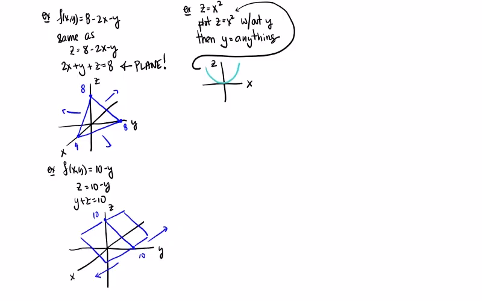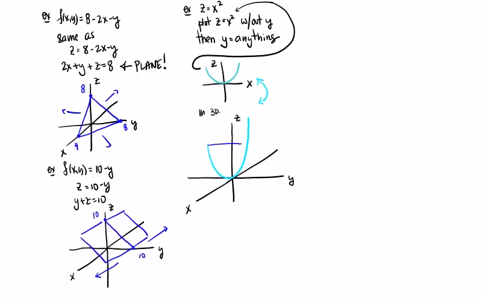Now, if you move to 3 dimensions, that picture that we just drew above, it's a parabola in the xz direction. So that's this way. Those are identical. Then what we do is we extend this in the y direction, because y could be anything.